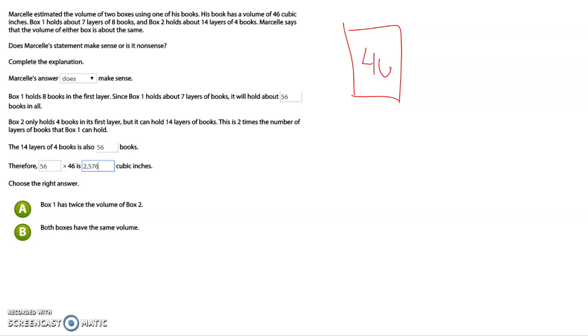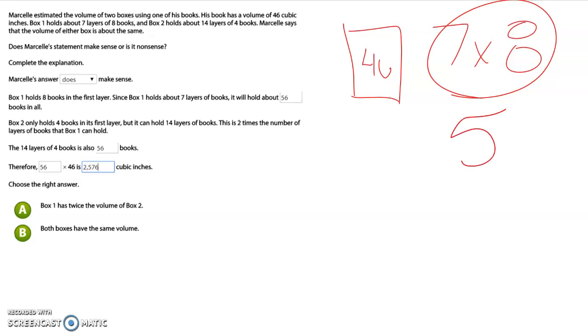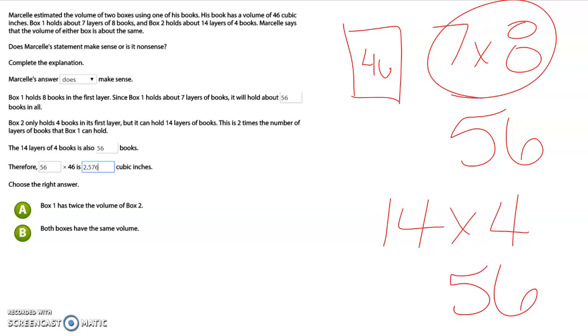Then it says, one box holds 7 layers of 8 books. And we all know as 5th graders that 7 times 8 is 56. The next box holds 14 layers of 4 books. And just to give you a heads up, 14 times 4 is also 56.